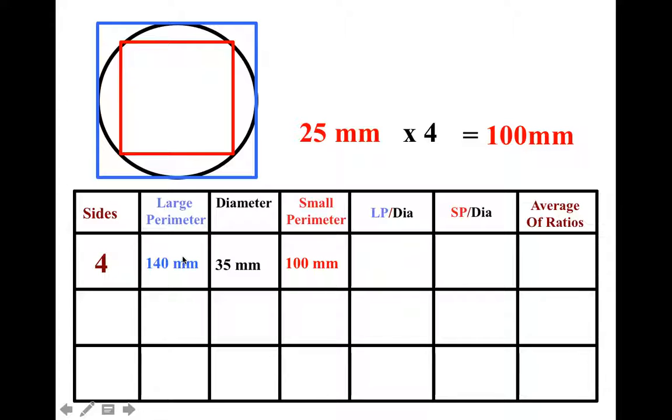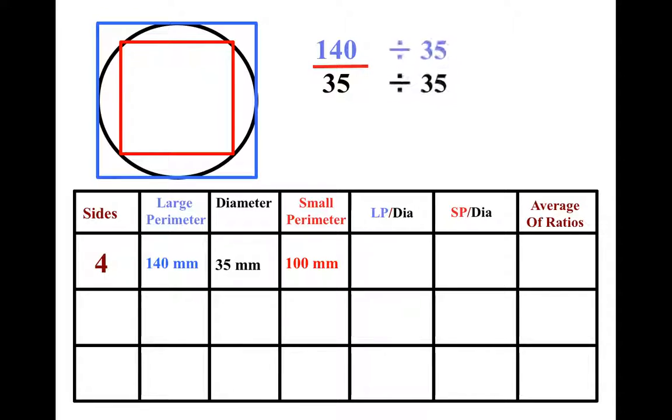All right, so here we go. In order to find pi, you have to do the circumference divided by the diameter. So if we think about the square, the distance around the square is 140, that's the large perimeter, and I divide it by the diameter, which is also 35. So 140 gets me 4 over 1.